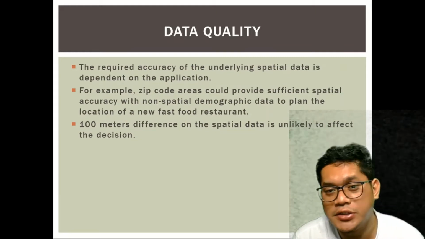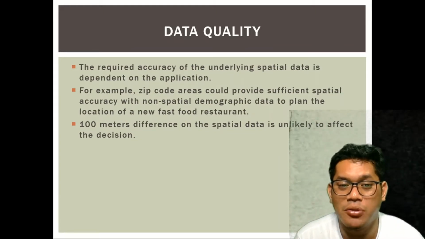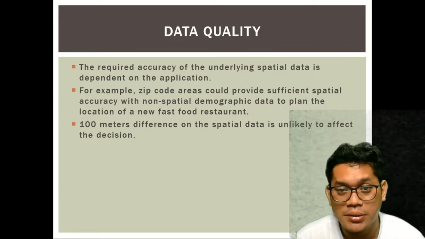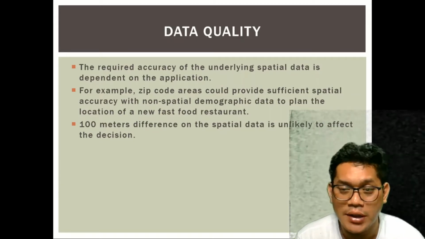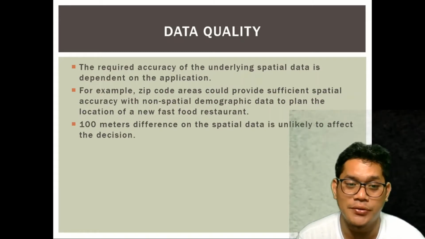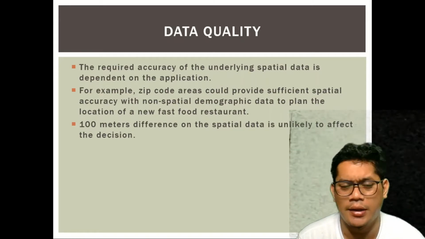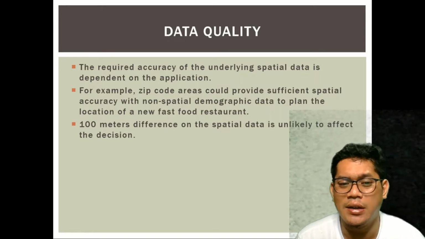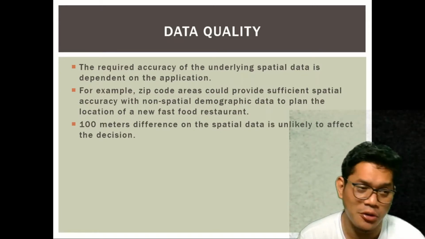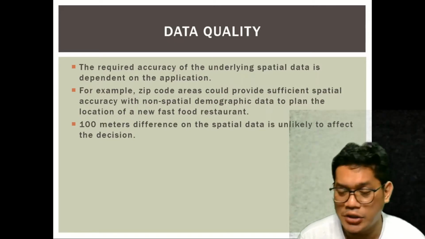The required accuracy of the underlying spatial data depends on the application. For example, zip code areas could provide sufficient spatial accuracy, together with non-spatial demographic data, to plan the location of a new fast food restaurant. For this kind of application, a 100 meter difference is unlikely to affect the decision. The same goes for election data.